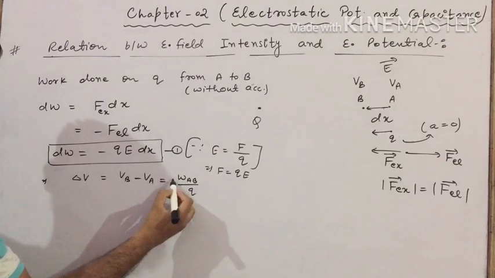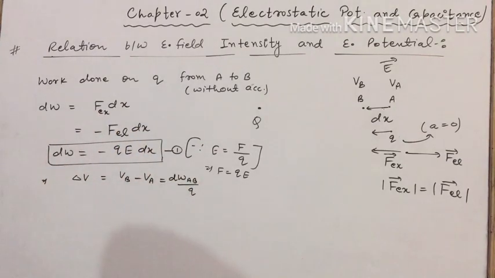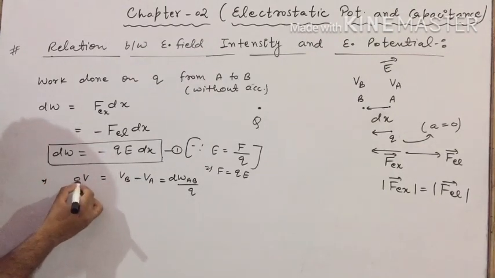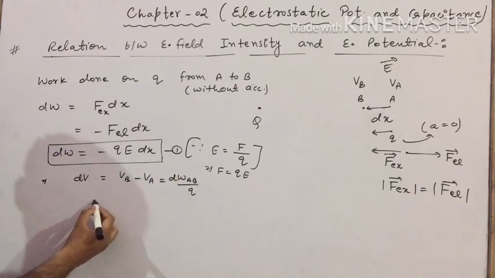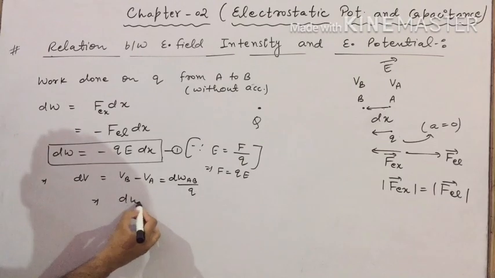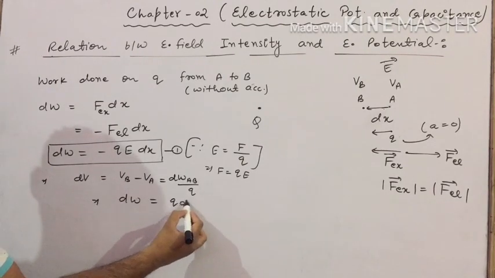So this work done I am writing down as dW because it is a very small displacement. So by definition of potential difference, the work done from A to B can be written as Q into dV.